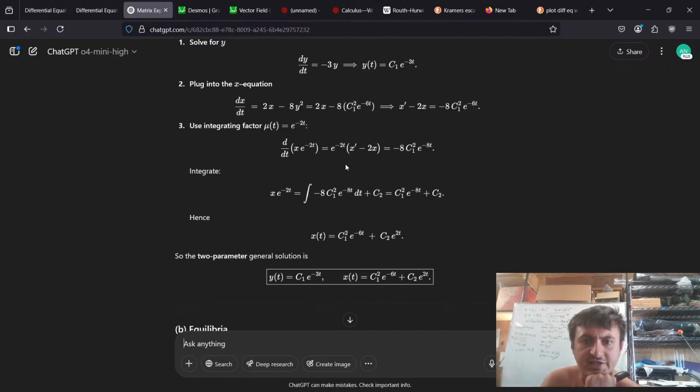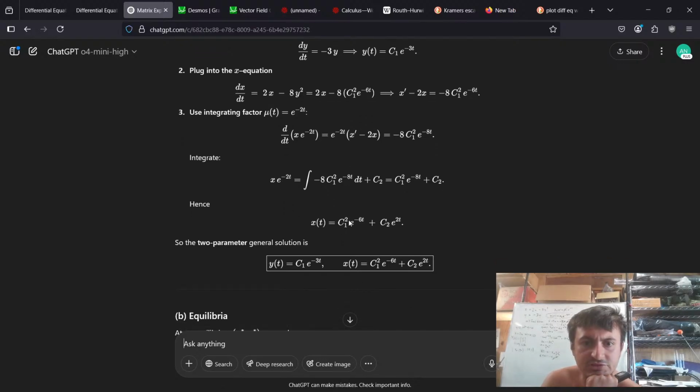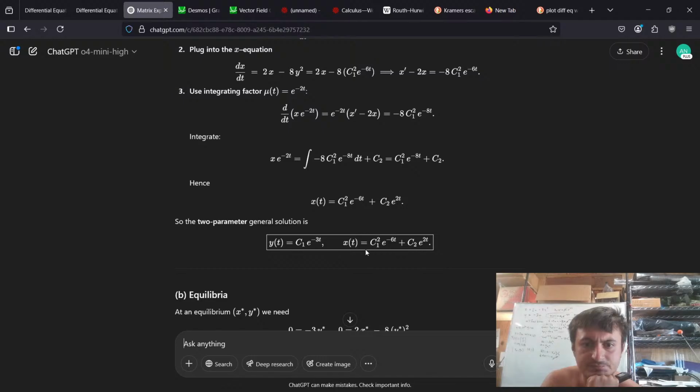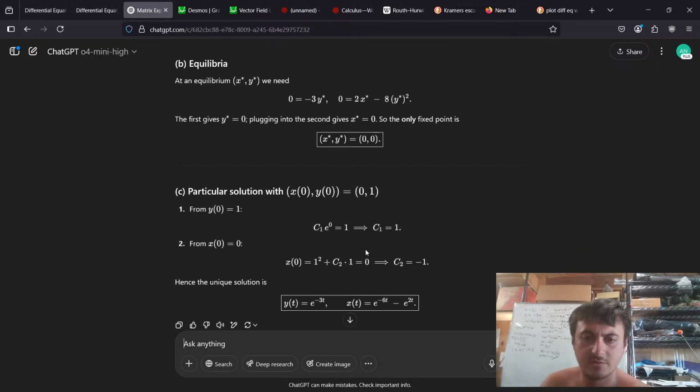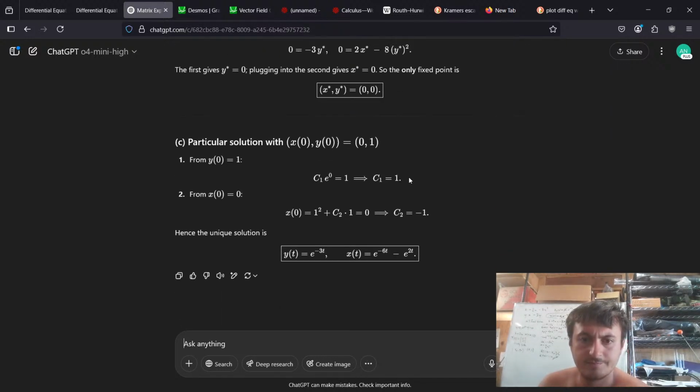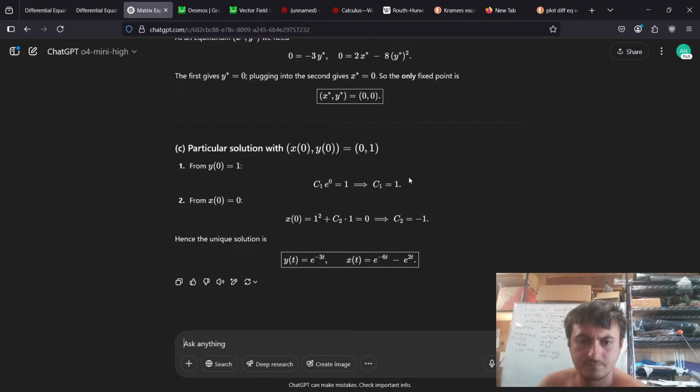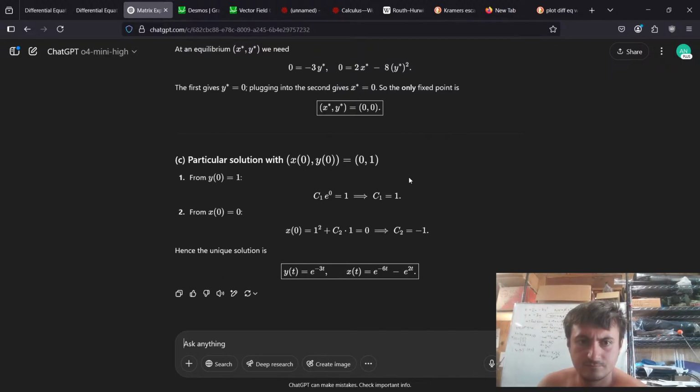Oh, it used an integrating factor, bro? What the hell? I'm just trying to figure out where that 4/3 comes from. And then x0.